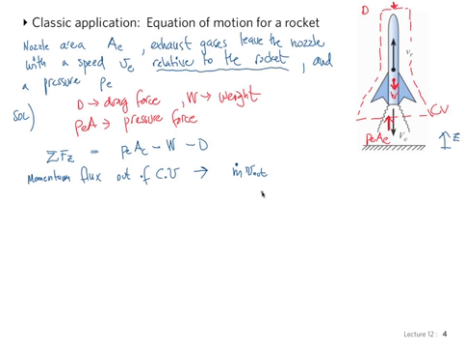V out is the speed with respect to an inertial reference frame now. And so that's going to be m dot times the velocity of the rocket minus the velocity of the exhaust gases with respect to an inertial reference frame on the ground.